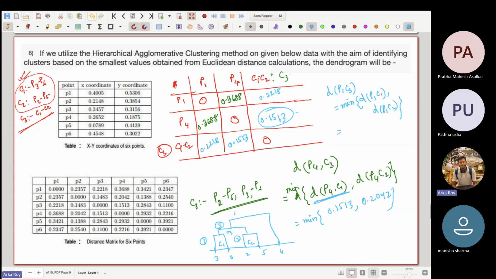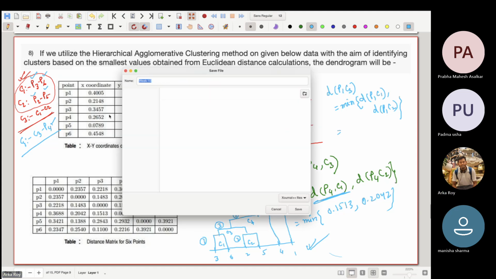So this is at iteration 4. So we can call it as C4. Fine. And after this, we have your C4 is C3 P4. So now you can see that you have covered P3, P4, P2, P5, P6. Only P1 is left. और कोई iteration करने का जरूरत ही नहीं है. You can directly connect this one. So this is the correct answer.